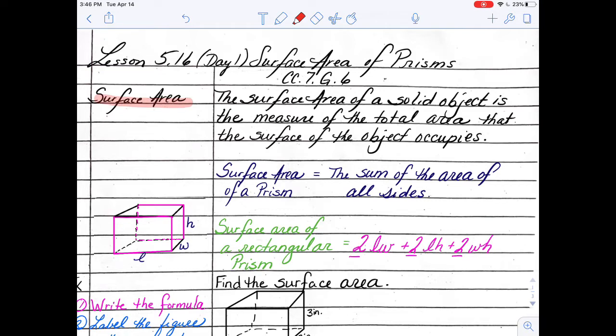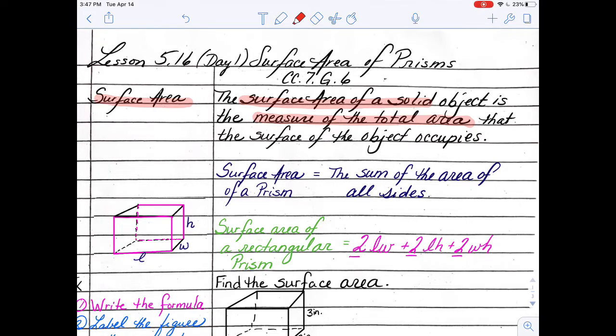Surface area is the surface area of a solid object, and it's the measure of the total area that the surface of the object occupies, which means, that's a lot of words, it just means the area of every single side put together.